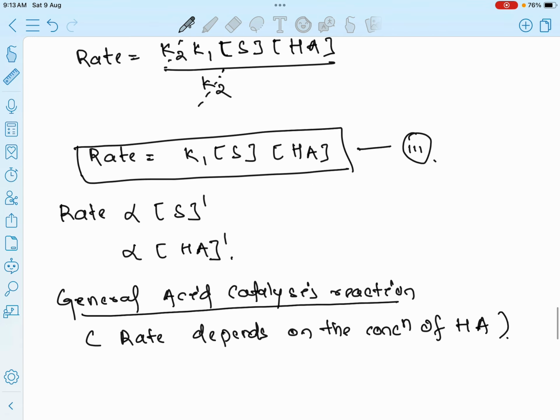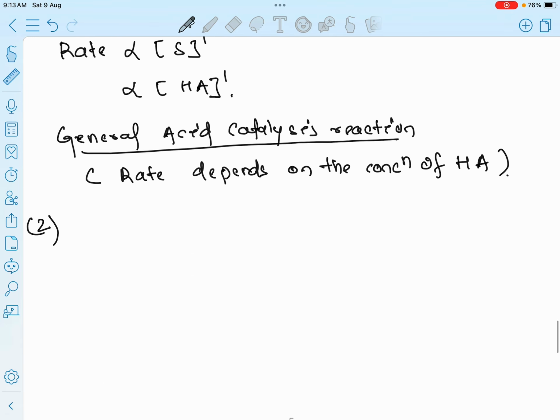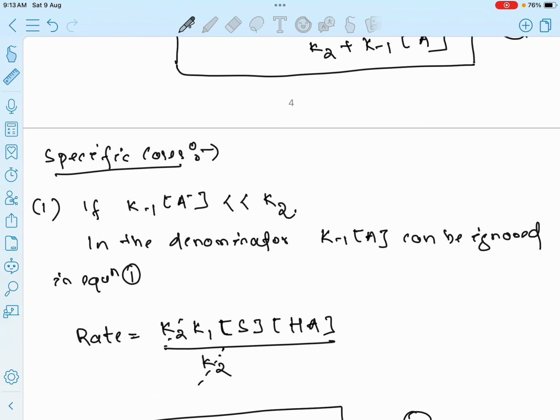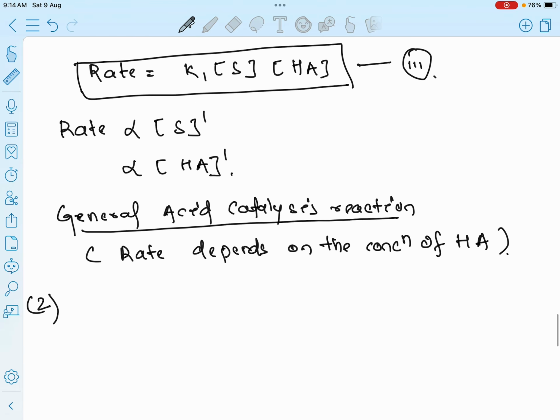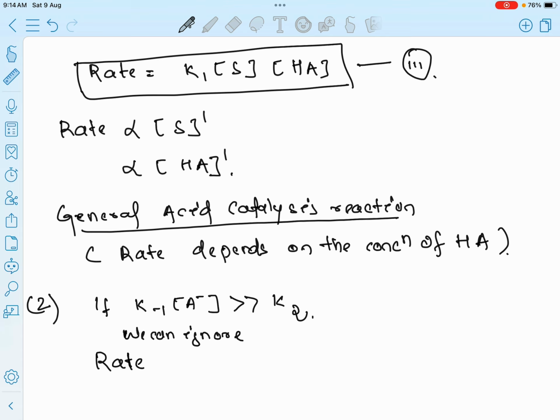In the second limiting case, what can happen? We have considered K2 greater than K minus 1 A minus. So, if K minus 1 A minus is very much greater than K2, then obviously we can ignore K2 in front of K minus 1 A minus concentration in the denominator.